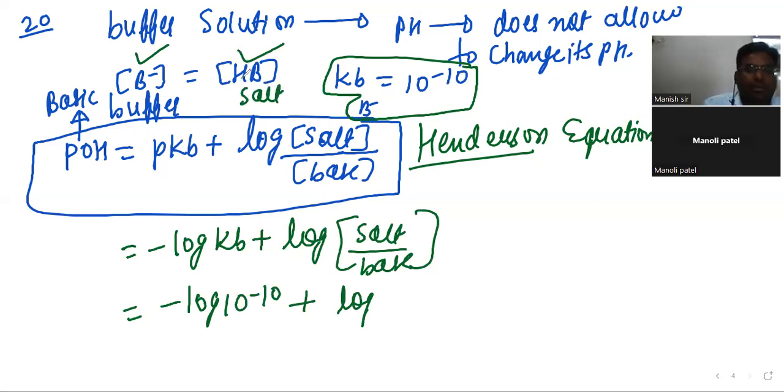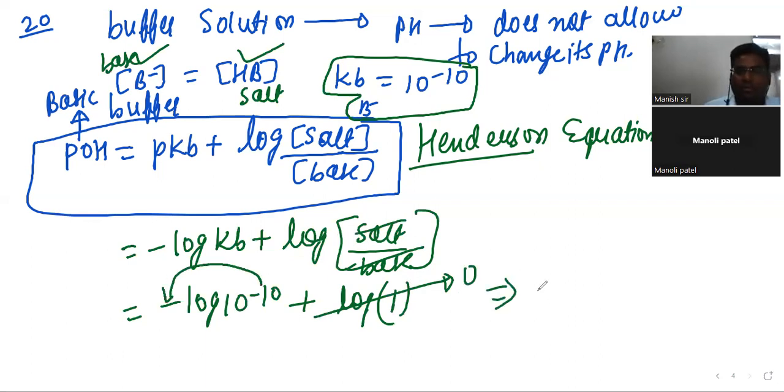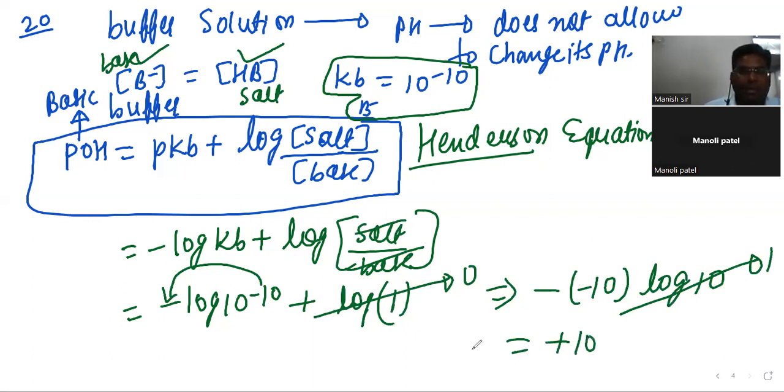Because this is your salt, this is your base, whose concentrations are equal, so the ratio will be 1, right? And as we know, log 1 is 0. And this minus 10 will multiply this one, so it will be minus of 10 log of 10. As we know, log 10 is 1, then it will become minus into minus plus, right? So this will be your pOH. So pOH is equal to 10.